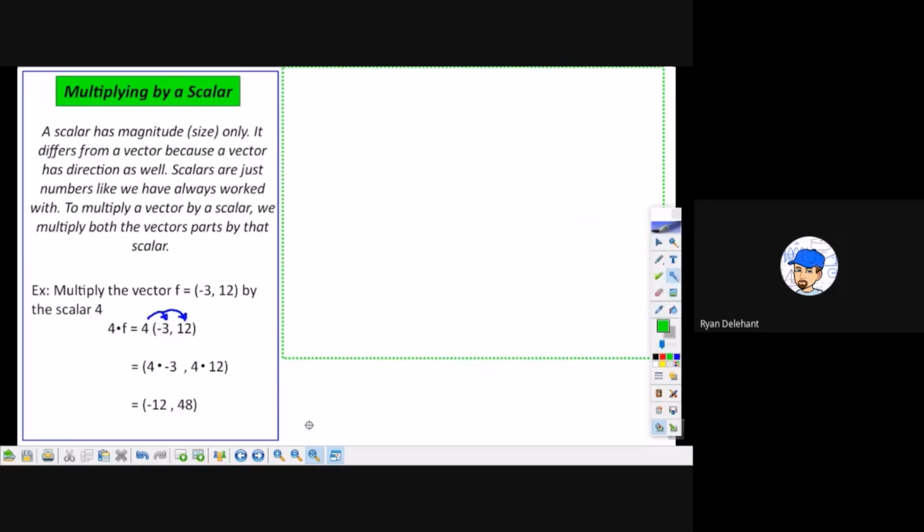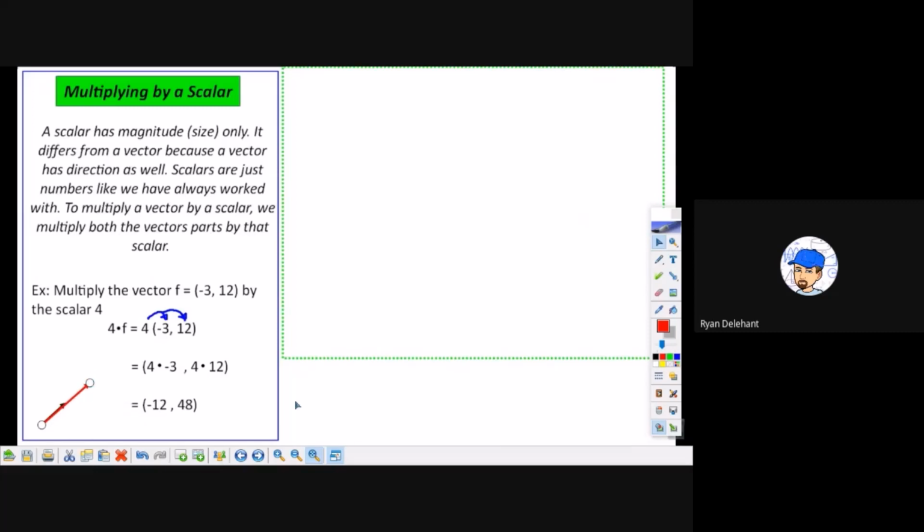If this was our vector that we started with, and we multiply it by a scalar, say we multiplied it by 2, it's actually going to become twice as long as the previous vector.